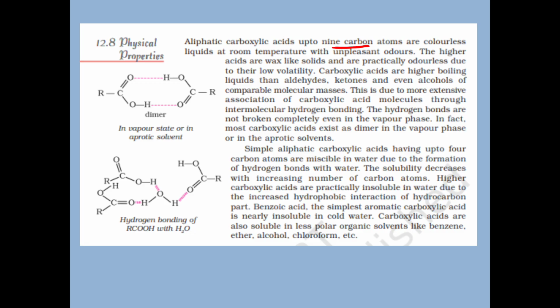Some of the carboxylic acids are solid due to the formation of strong intermolecular hydrogen bonding. The carboxylic acid compounds absorb water due to the formation of strong hydrogen bonding among the molecules.